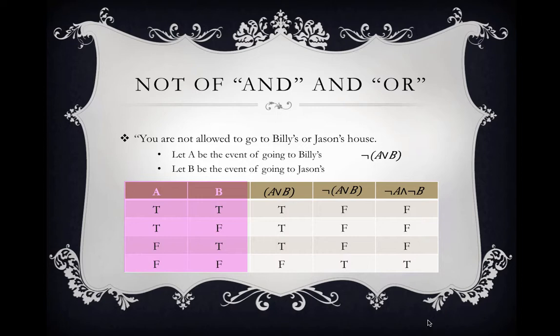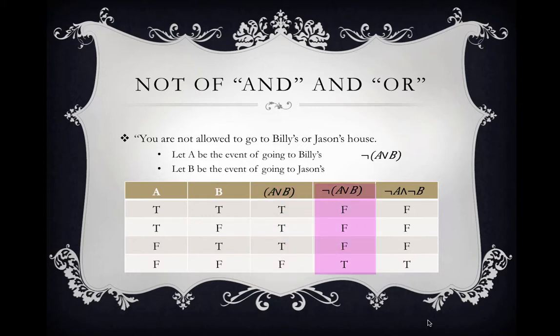As a middle step, let's see what happens with A or B. If you remember, we always assume that this is an inclusive or, and the or says one or the other or both. So the only time the or statement would be false is if they were both false, which is the last row.